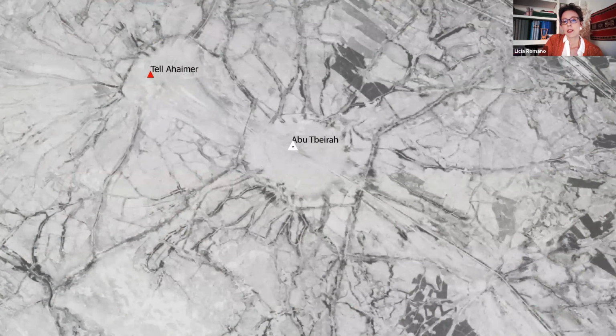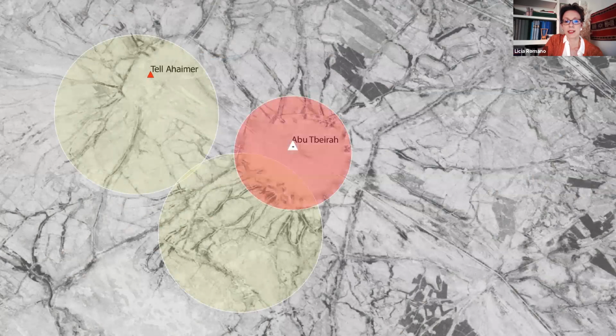What we can see from satellite imagery clearly is that the Abu Tbeirah settlement is over a crevasse clay. So we can suppose that people chose this place, the top of the crevasse clay, and possibly also the point bars, as Jaafar was telling us yesterday, to realize the settlement.